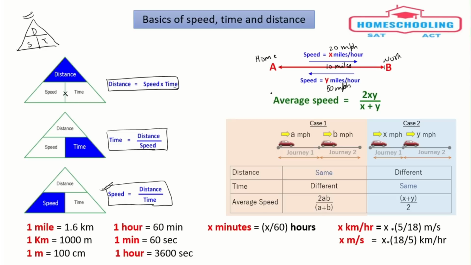The formula for the average speed when the distance is equal is 2 into x into y divided by x plus y.